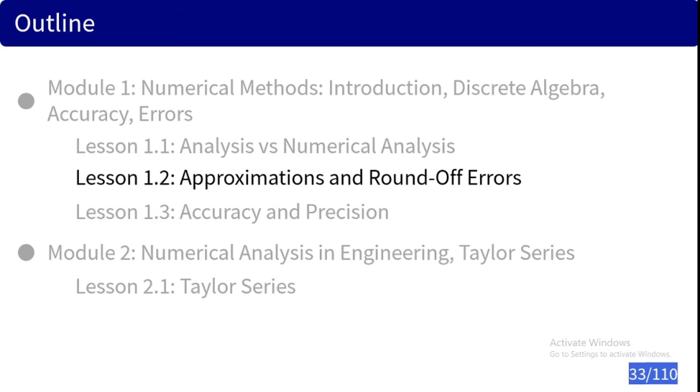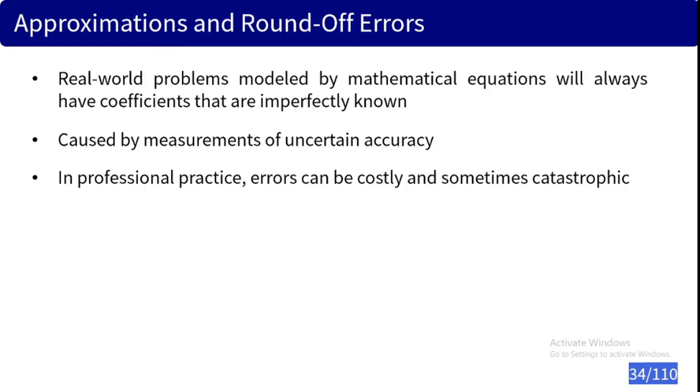Okay, so nakita na to dito by plotting the results sa analytical and numerical nga solutions nga natin discrepancies sa mga answers. So kato siya mga discrepancies, amo siya ang gitawag na tong errors. In real world, and if you are trying to model real world problems by mathematical equations, nagyoy mga coefficients nga that are imperfectly known.